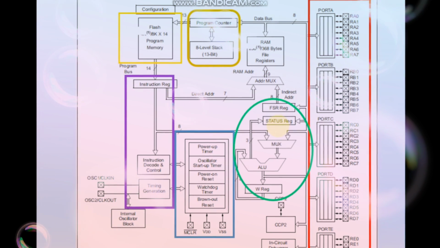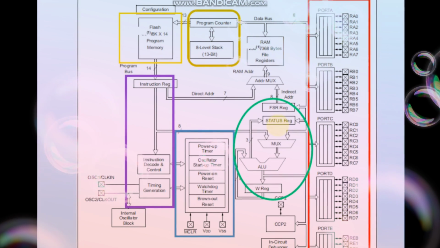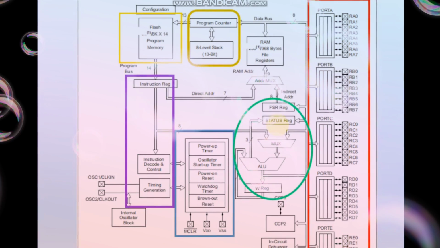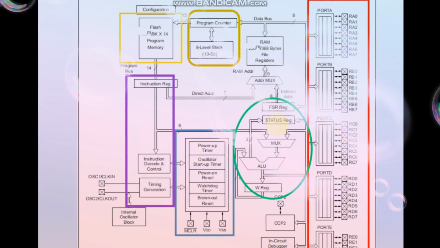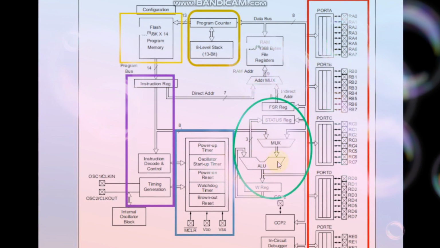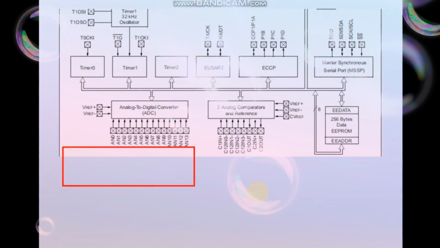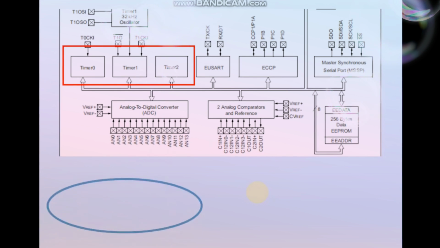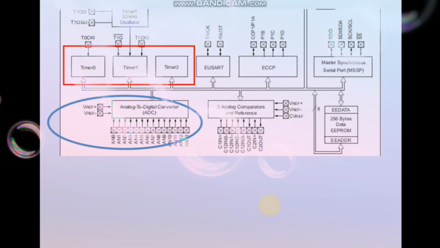Say, for example, if you have executed an addition instruction, you can see whether you got a carry or not using the status register. Next, as said, it has 3 timers and it has an analog to digital converter.